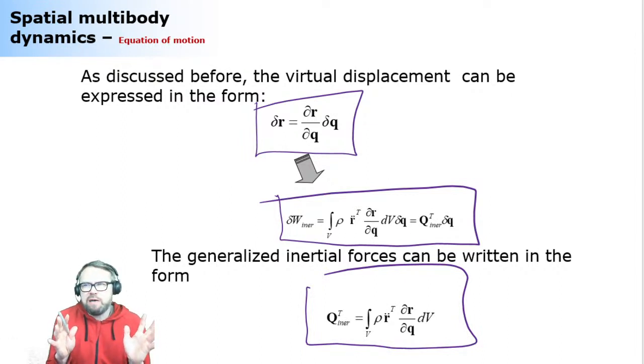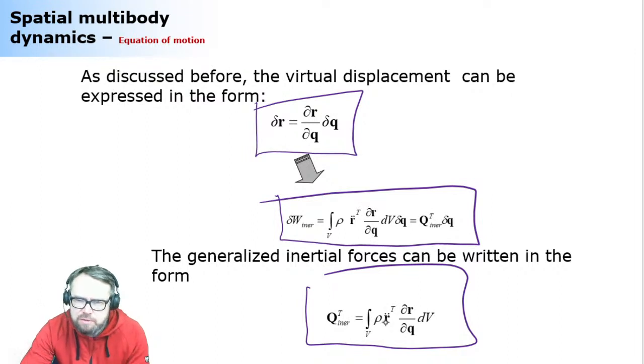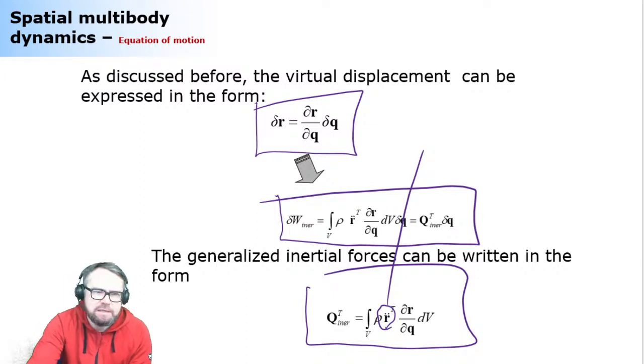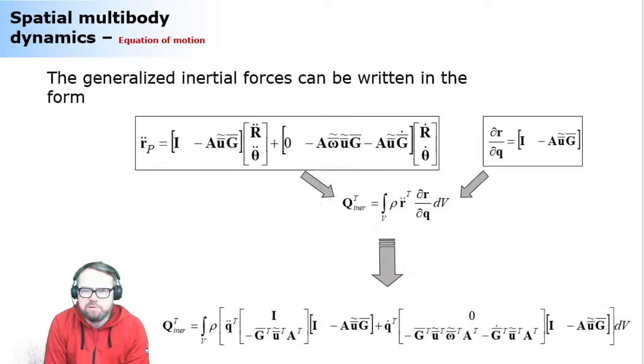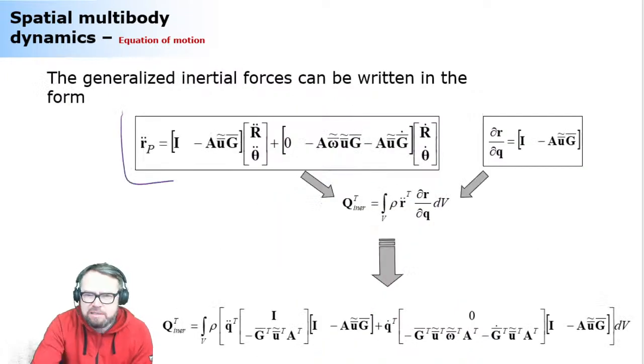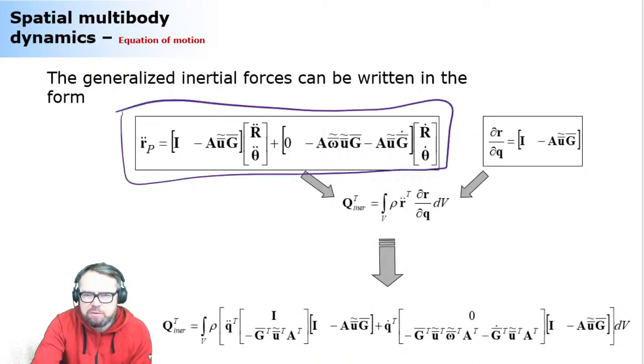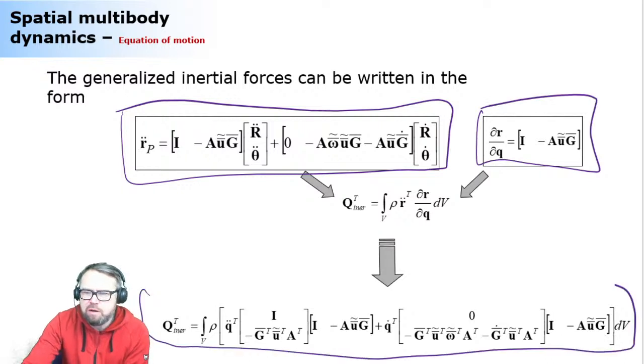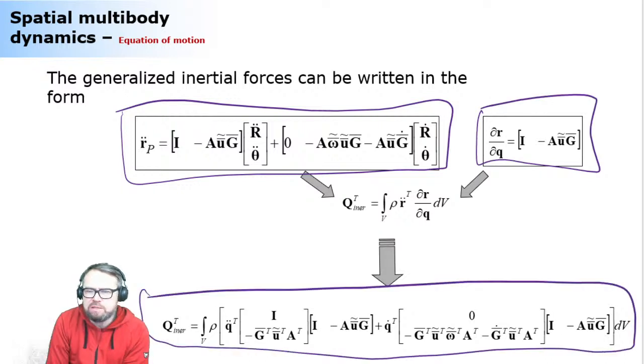But you understand what follows next. It's the substitution of this component. And remember how bad it was. It was pretty bad. And now when doing that, this is how it looked. So this was my acceleration expressed using generalized coordinates. This is my mapping. And once you do the substitution, this is how the virtual work done by inertia forces looks like.